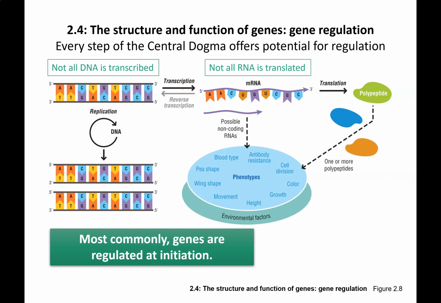So the most common point of regulation is at what we call transcription initiation. Basically, this means that transcription never even starts if you don't need the gene. There's no reason to make a messenger RNA if you don't need the gene. So that is where the process is most often regulated.